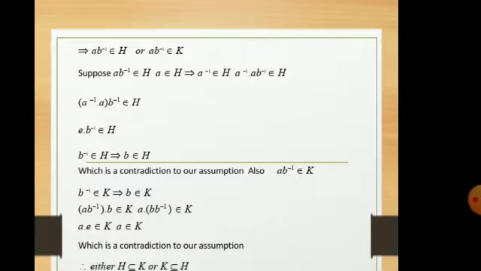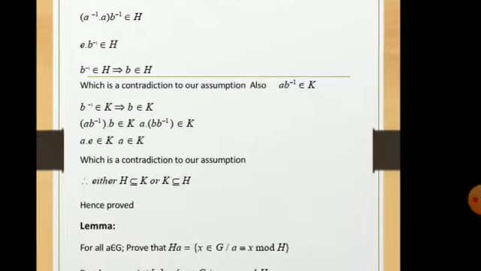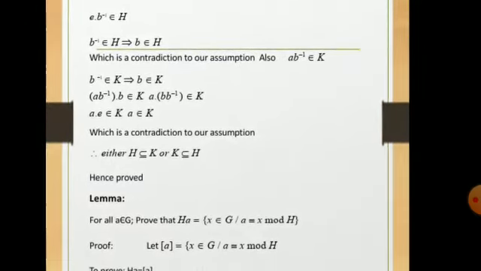Associating b and b inverse, we get e. So a times e belongs to K, that is, a belongs to K. This is also a contradiction to our assumption that a does not belong to K.